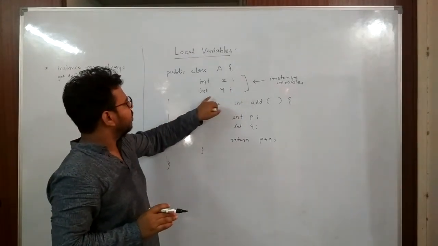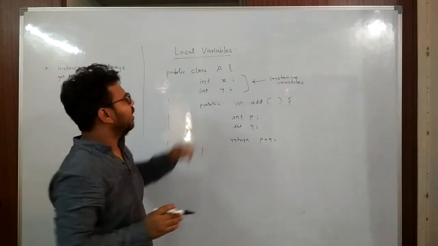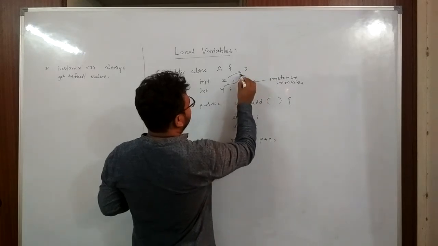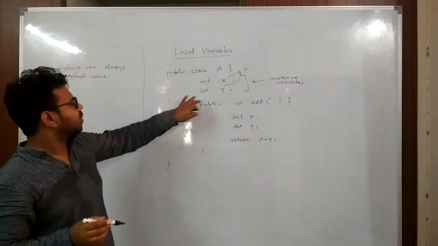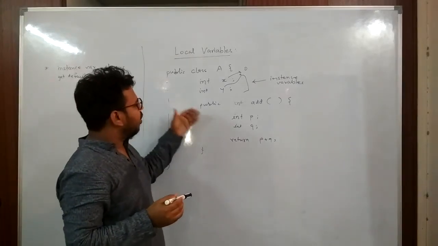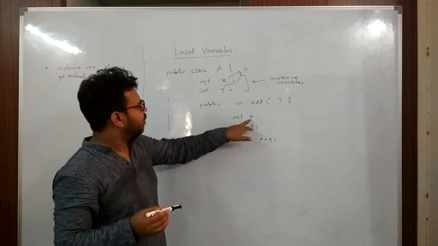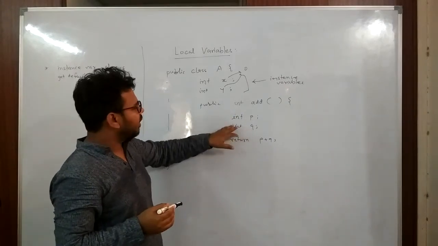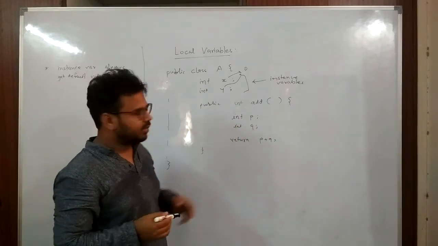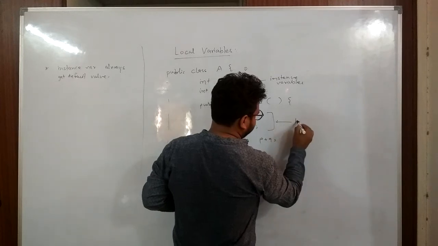So suppose I call for the value of x and y, then I am going to get the value 0 for x and 0 for y because of the default value for integer. Now all the variables which are defined inside a method, that is p and q here, are called local variables.